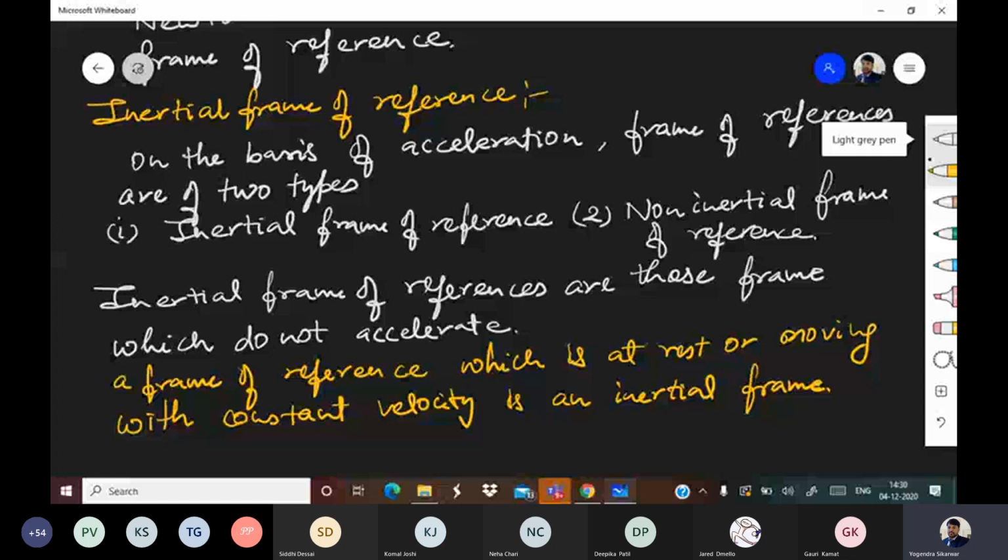All right. Now, what is a non-inertial frame of reference? A frame of reference which is not inertial will be non-inertial. The non-inertial frame of reference will be very easy to find now.